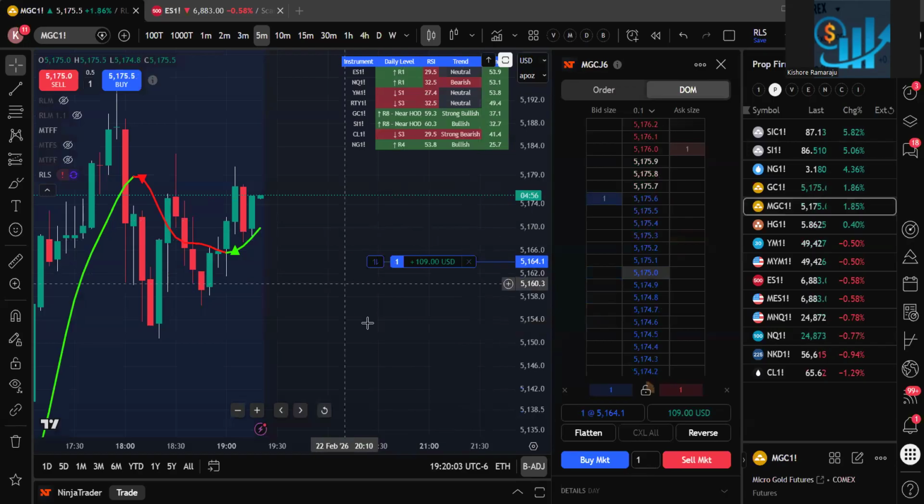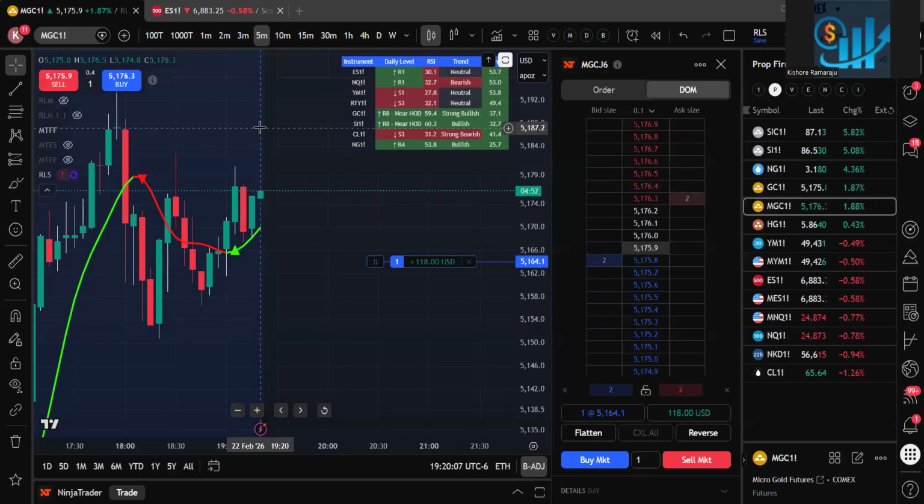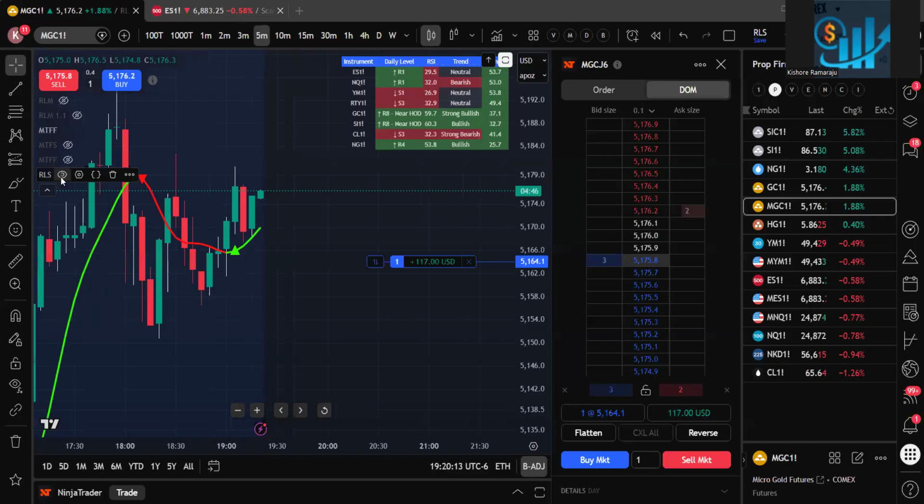With just one micro, you made 110 dollars. So that's what we do. That is our number one preference. Whichever is strong bullish, wait for a pullback, and whenever you receive a buy signal, you take a long position.